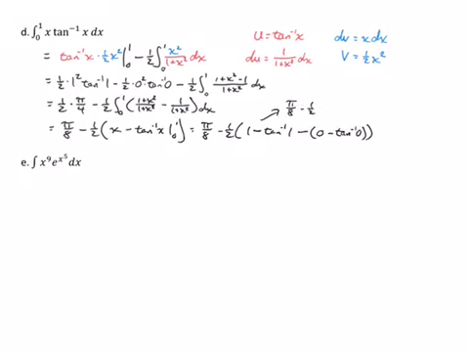Pi over 8 minus 1/2 of 1 minus, with the inverse tangent of 1 is pi over 4. And then all of this is equal to 0. And so this ends up being, when you combine this, you'll have a plus pi over 8. Well, you'll then have 2 pi over 8, which becomes pi over 4 minus 1/2.